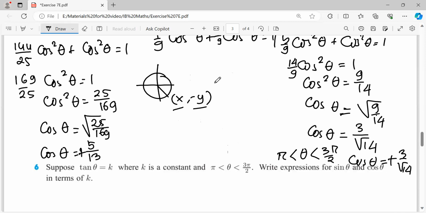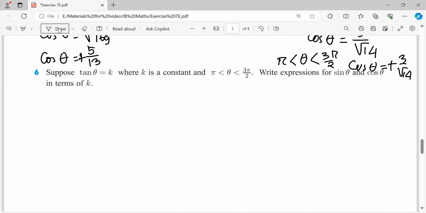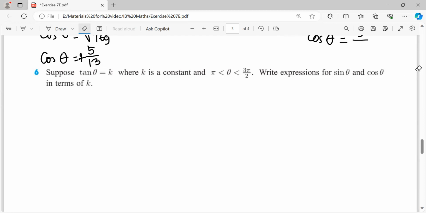Next, I'm going to move to number 6. Suppose that tangent theta equals k, where k is a constant and theta is a quadrant 3 angle.